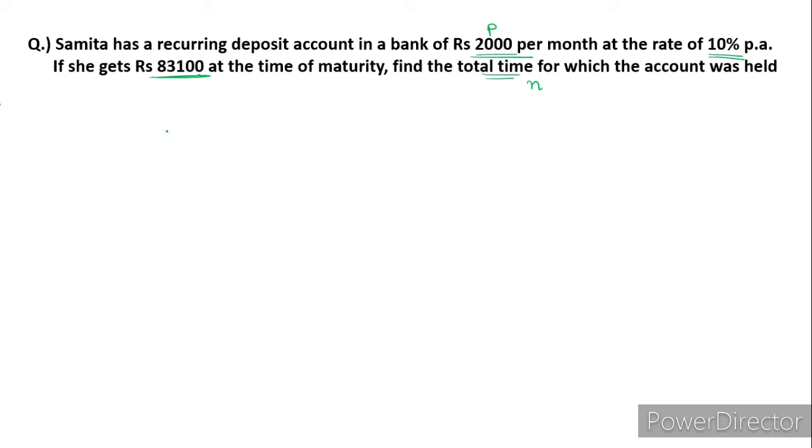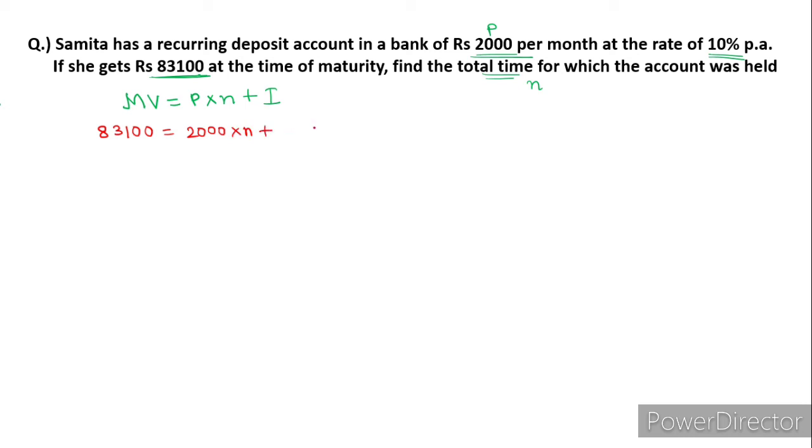Okay, the formula is maturity value is equal to P into N plus I. Maturity value is given, 83,100. P is 2,000. And you don't know n.